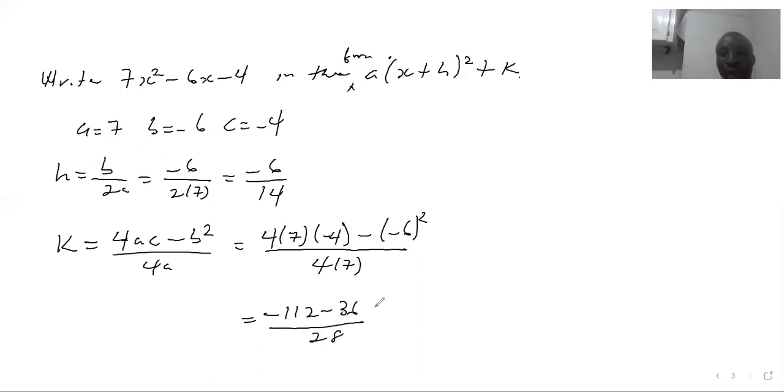Then we'll work it out. When we work it out now, we are going to get -112 minus 36, right?